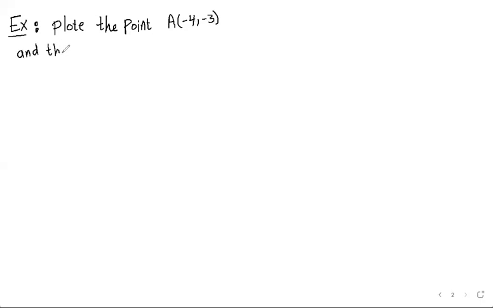The question is: plot the point A (-4, -3) and the point B (3, 2) in the coordinate plane.